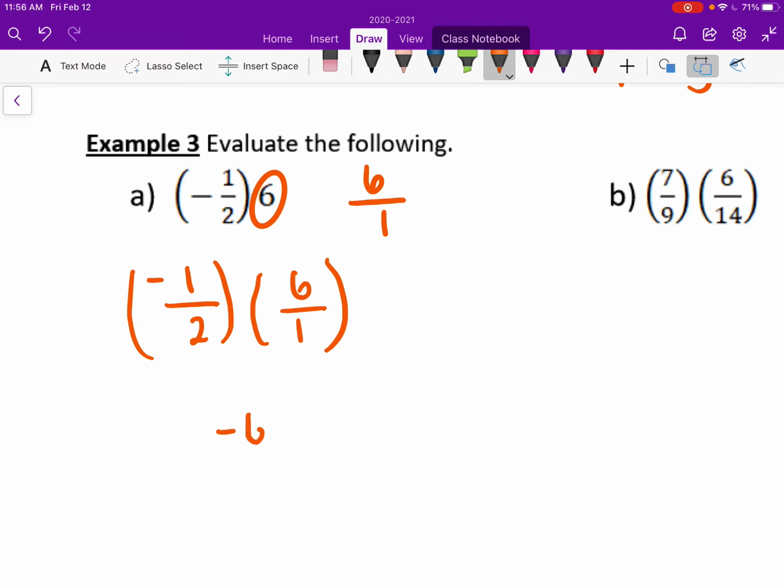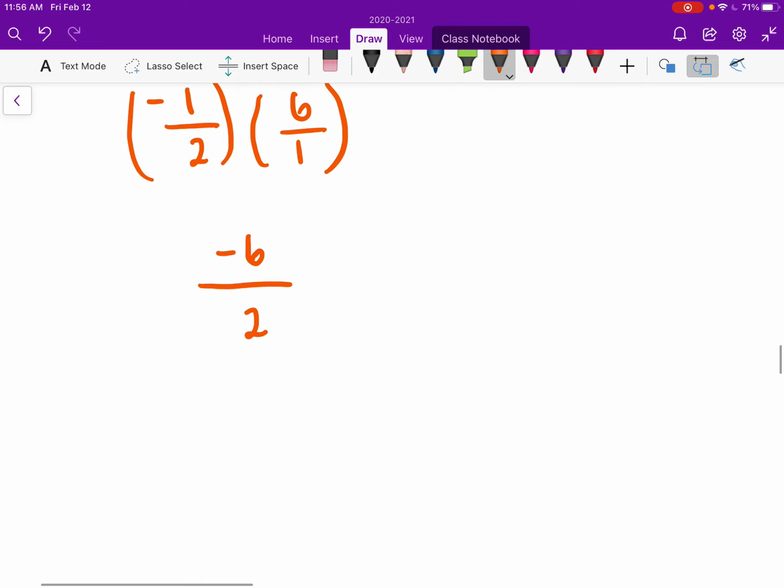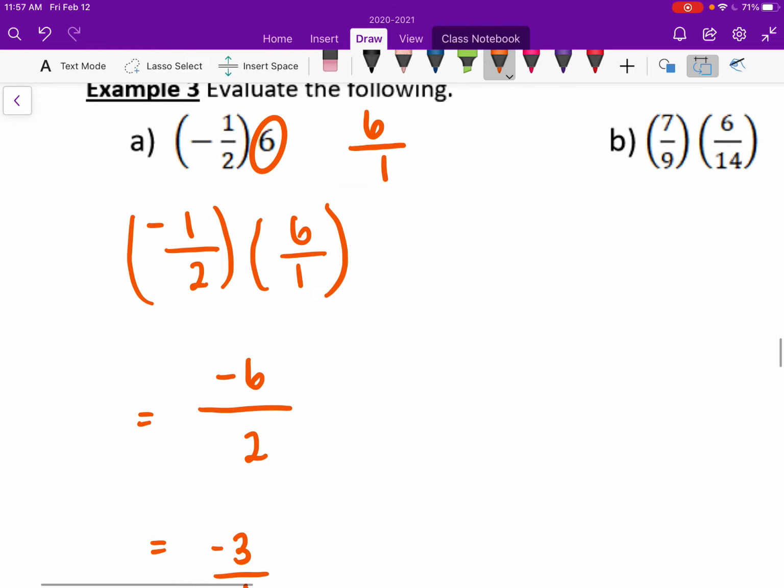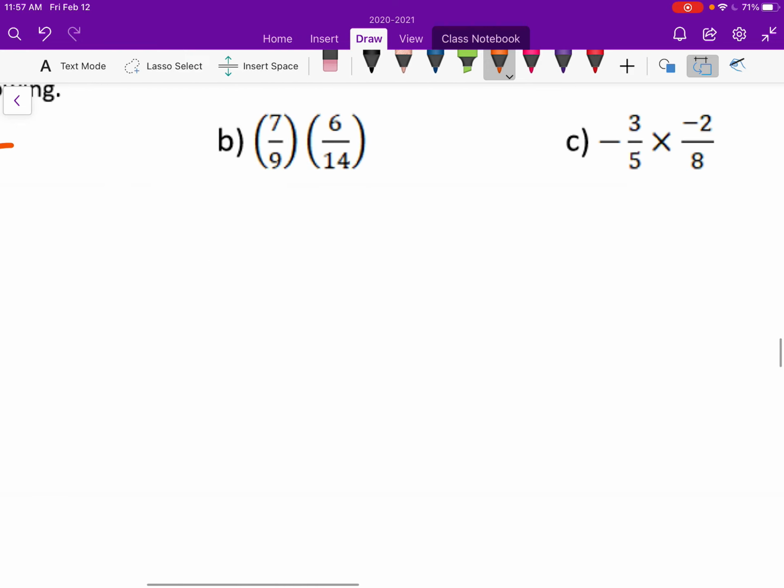That's going to give us negative 6. You're going to multiply the two bottom numbers. That's going to give us 2. I know that I can reduce this further. I can divide both by 2, which would just give me 3 over 1, or just 3. And it's negative 3 because it's a negative 6. So negative 3.